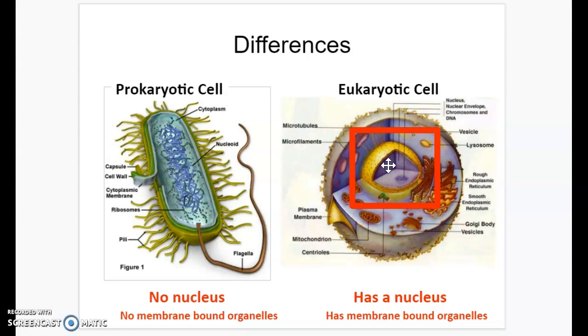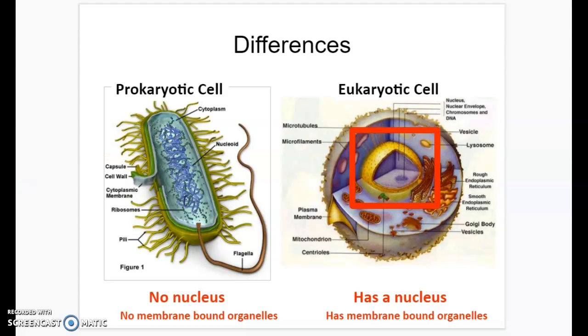Eukaryotic cells also have membrane-bound organelles that have jobs, like mitochondria and lysosomes and things like that you're going to learn more about next year. But they have these organelles that have functions. So these are more complex, and these are simple, and that DNA has no nucleus to protect it.